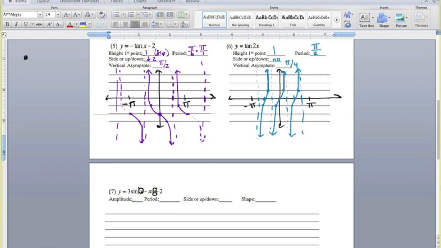Now, like the last one, again, I haven't quite made it all the way to the pi and negative pi. So you could either draw in 2 more complete cycles and end up with 5 cycles, or you could just draw in the halves of cycles that match the pattern that's already there.